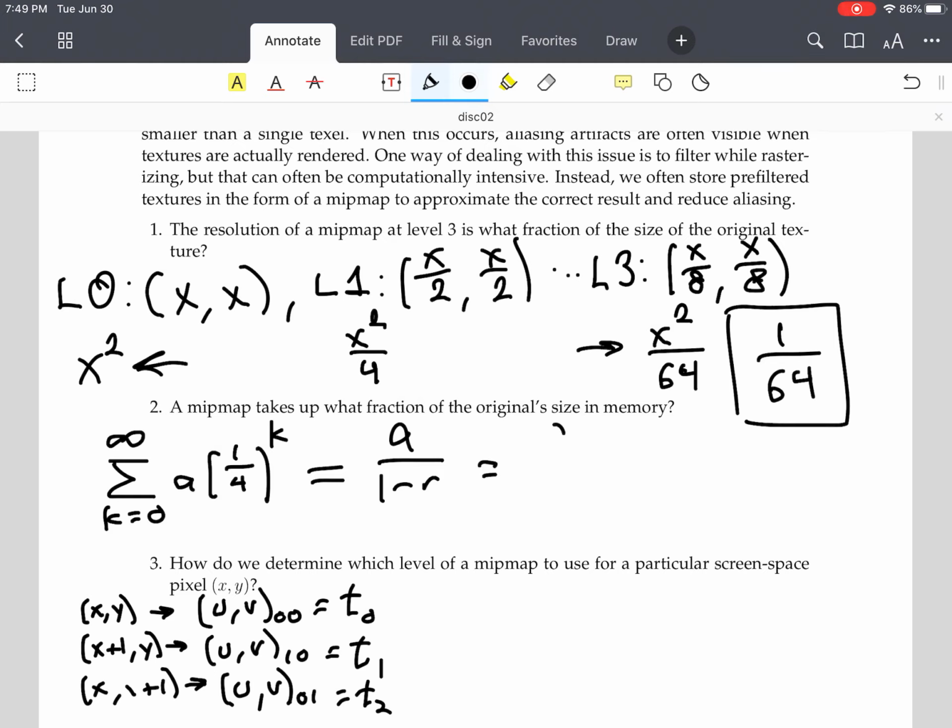So if we plug this in, we get a over 1 minus 1/4, and if we write that out, that's 4/3 a. Essentially, storing the entire mipmap takes up 4/3 as much space as the original texture map in memory. And that's our answer, 4/3.